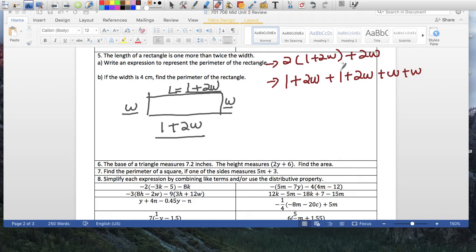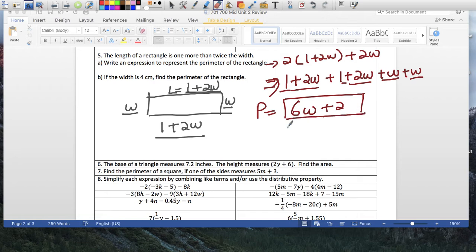This time I just chose the longer one, and let's add all the w. So 2w, 2w, w, and w gives 6w, and then 1 plus 1 is just 2. So the perimeter is represented by the expression 6w plus 2.